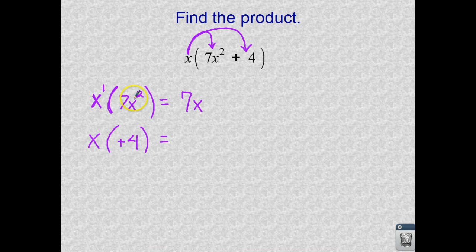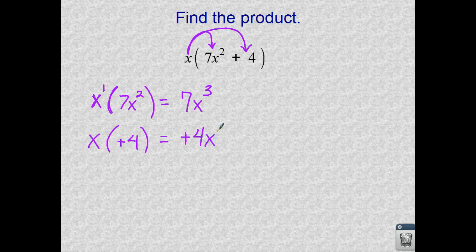So x to the first times x to the second is x to the 1 plus 2, which is cubed. Now the second one, we have 1x times 4, and we can commute these numbers, switch them in multiplication. That really means 4 multiplied by x, which is positive 4x.